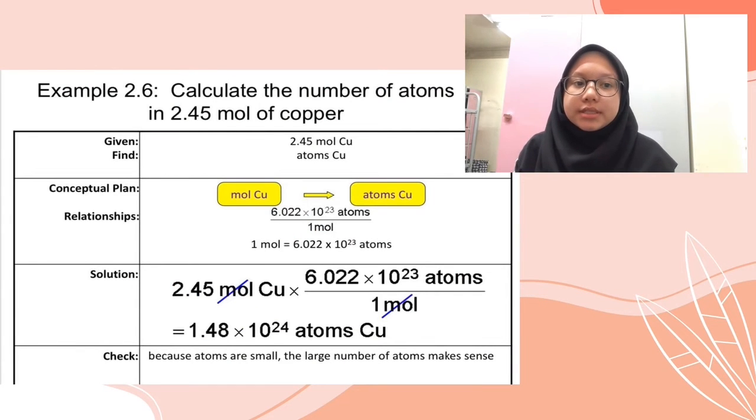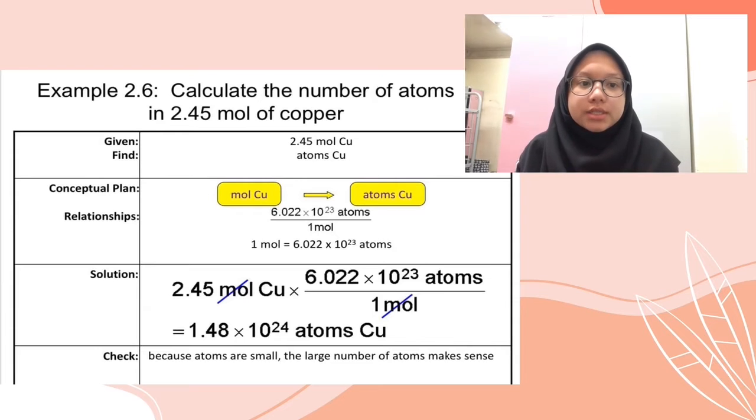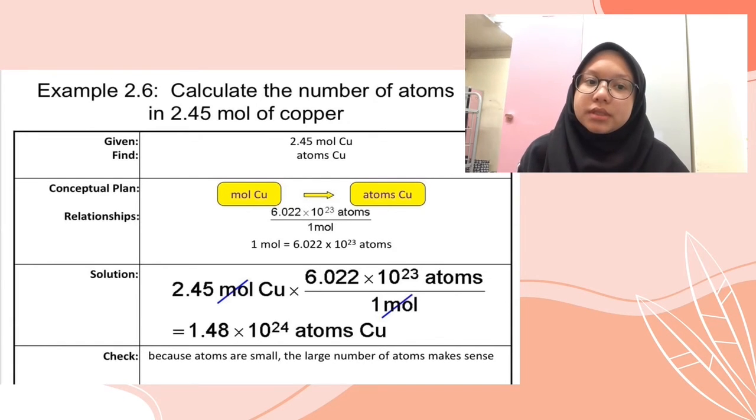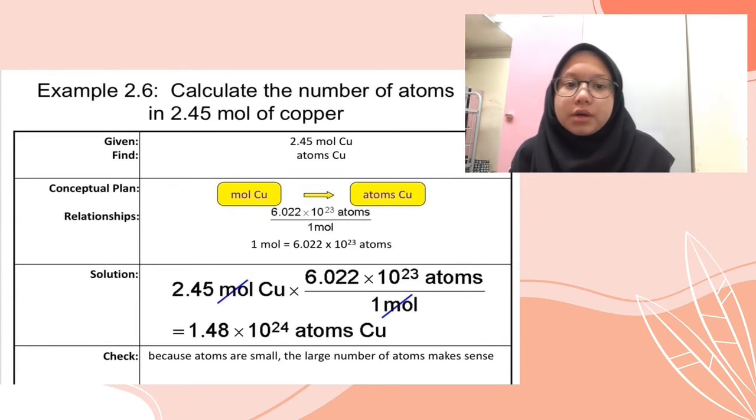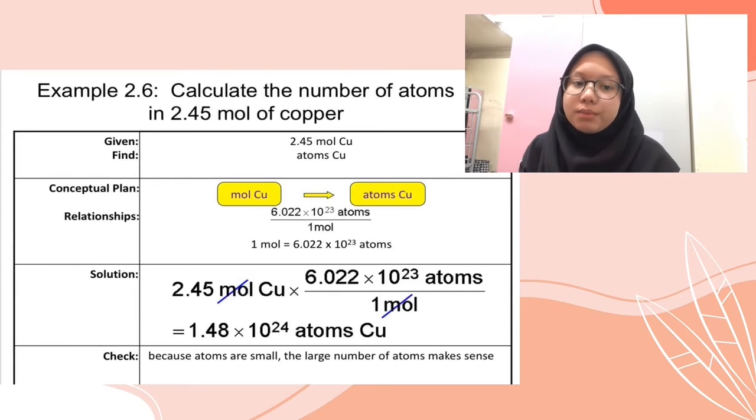This is the example of 2.6: calculate the number of atoms in 2.45 moles of copper. Given is 2.45 moles of copper, so we have to find the atoms of copper. The relationship is through Avogadro's number, which is 6.022 times 10 to the power of 23 atoms divided by 1 mole, because 1 mole is equal to 6.022 times 10 to the power of 23 atoms.